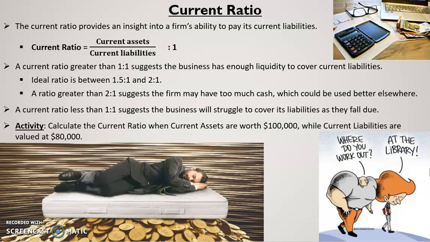So it doesn't factor in that the business hopefully will be earning money over the coming period, so that if we did have a current ratio of less than 1 to 1, it still is possible that the business will meet its liabilities and will continue to operate by generating net profit from its sales in the current period, which would allow them to cover that shortfall between current assets and current liabilities.